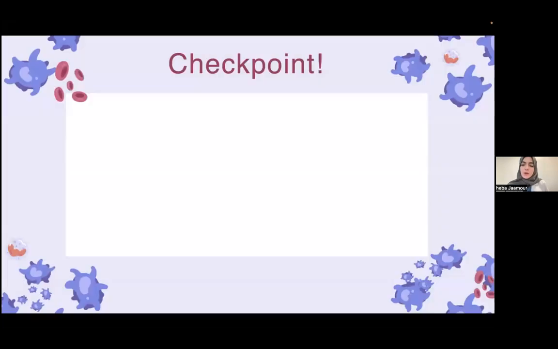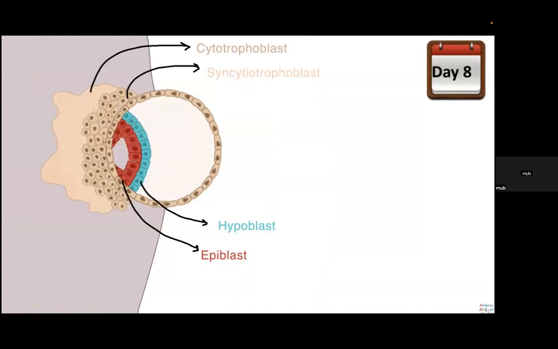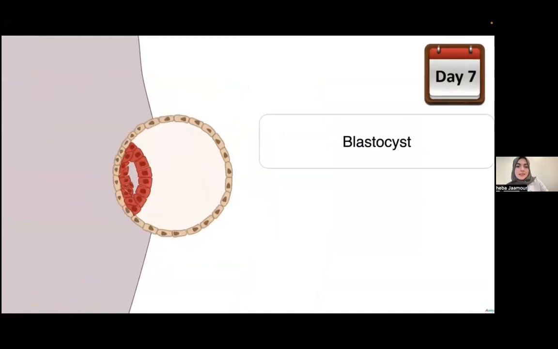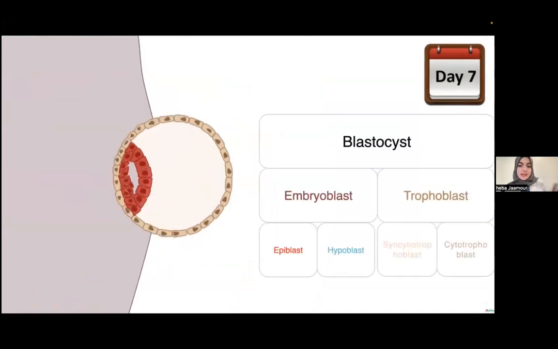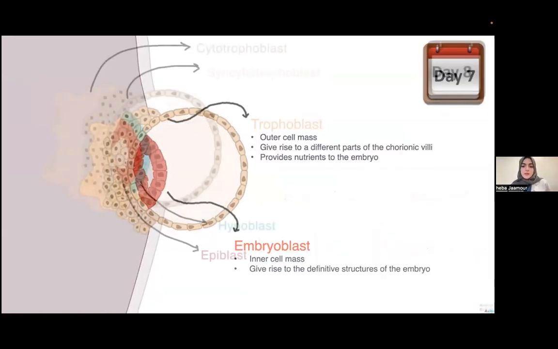Blastocyst, exactly. What about the morula? What stage was it? The 16, do you remember? The 16, exactly. And the embryoblast is the first one. Embryoblast again is the inner cell mass right here, the red one. Okay, the inner cell mass. That's very good. I think we can move on.